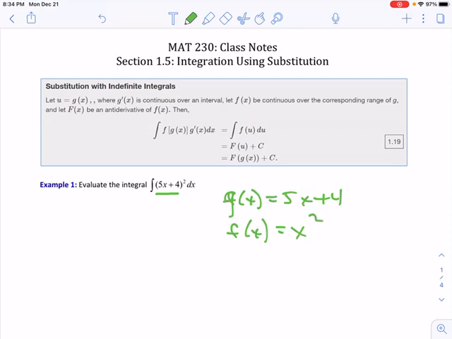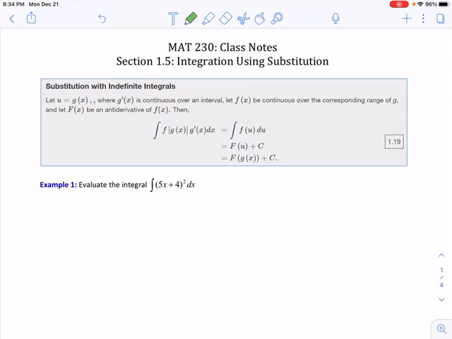And so we have the composite function f of g of x. All right, so we have that. Then we ask ourselves, do we have the derivative of the inside function? Well, the derivative of 5x plus 4 is 5. Well, we don't have a 5, but we could introduce a 5 very easily.